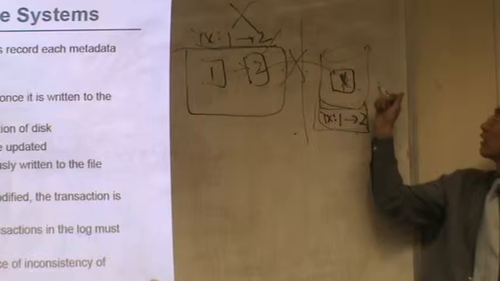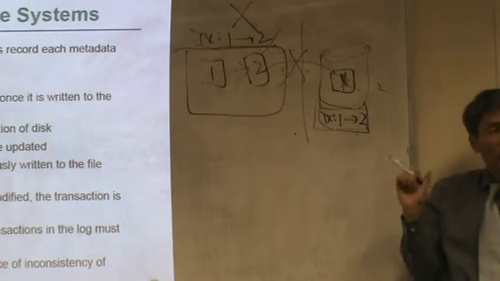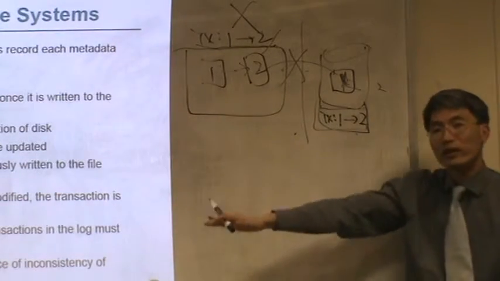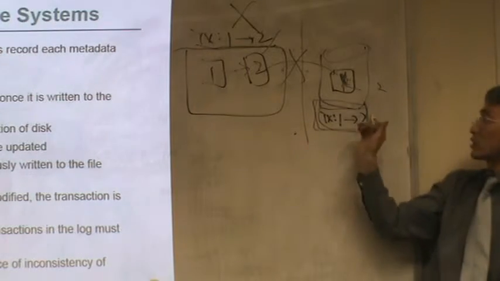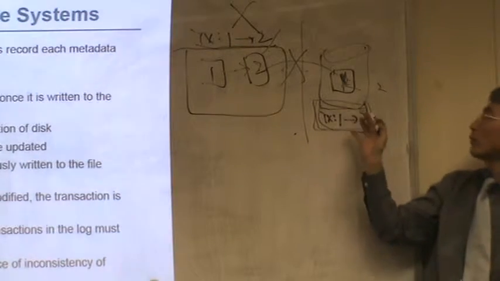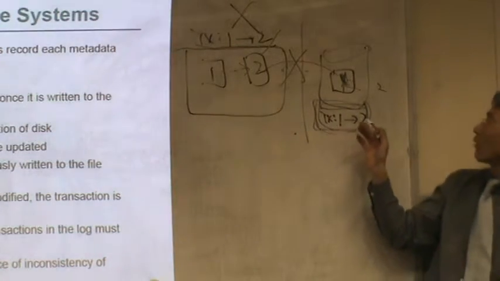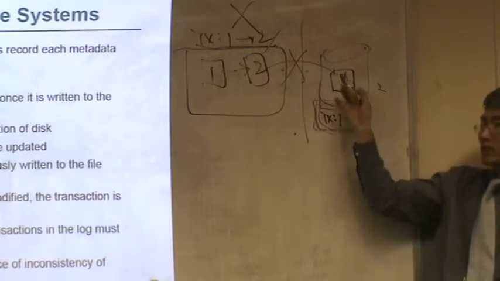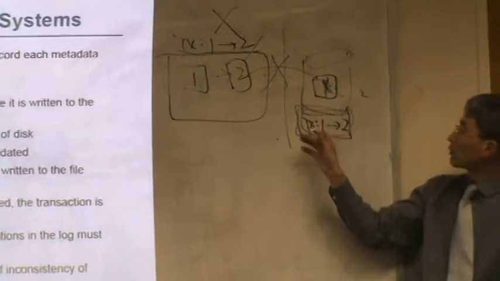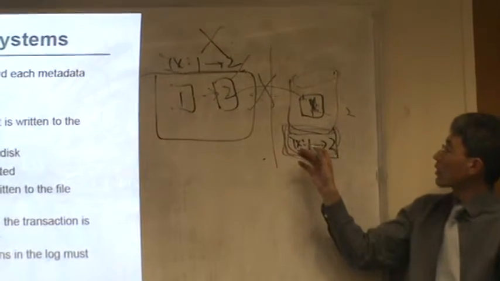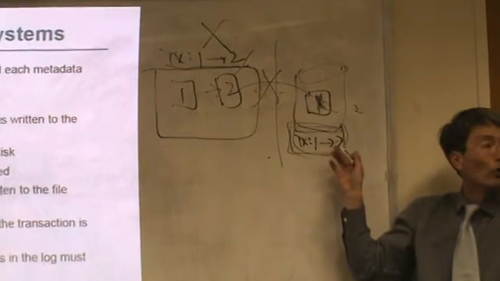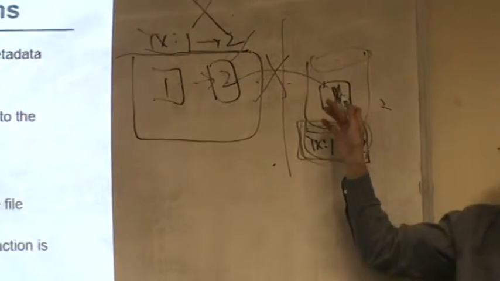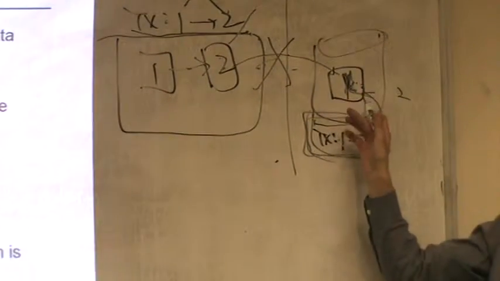Supposed to be 2. But when you restore, it recovers. If you back up this data, when you check the consistency, check whether this block is 1 or 2. It's supposed to be 2, right? But it's a 1. So you can apply this transaction.